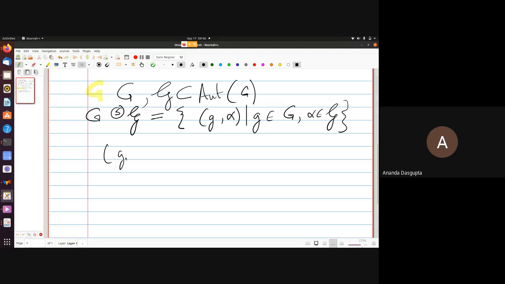And the difference between the semi-direct product and the direct product turns out to be this one. The composition rule: this part is fine, but g does not compose with g prime directly. g composes with alpha g prime. And we showed several examples.